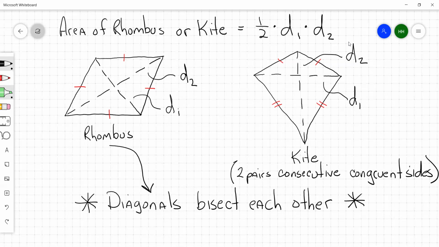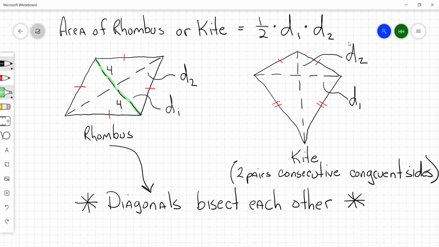So what that means, see the green section of this diagonal? If it's equal to 4, then what's this green section equal to? That's equal to 4 as well. Okay? So what's that whole diagonal there?